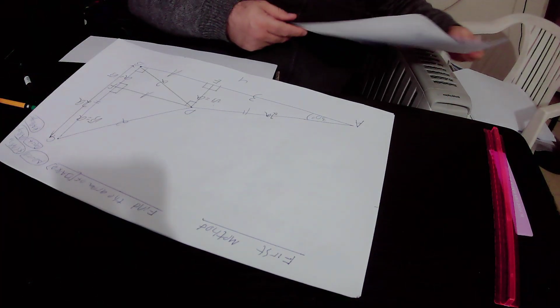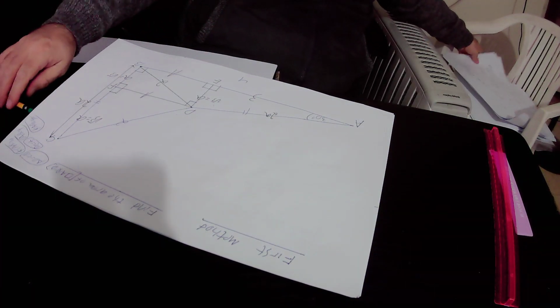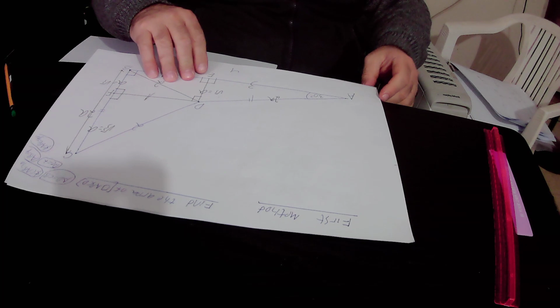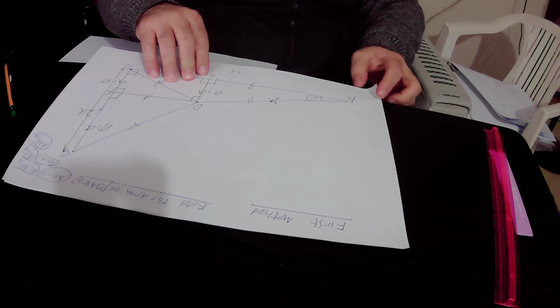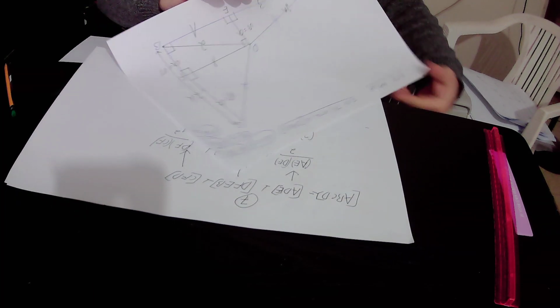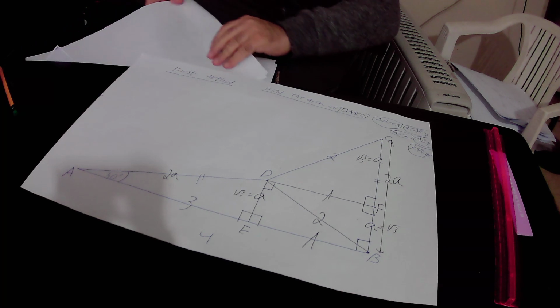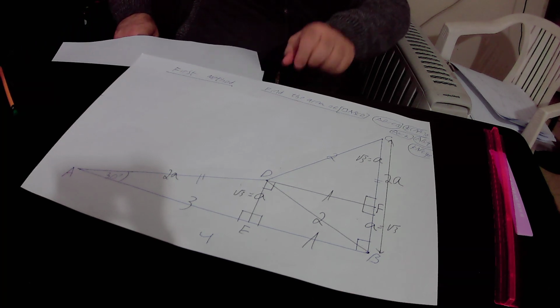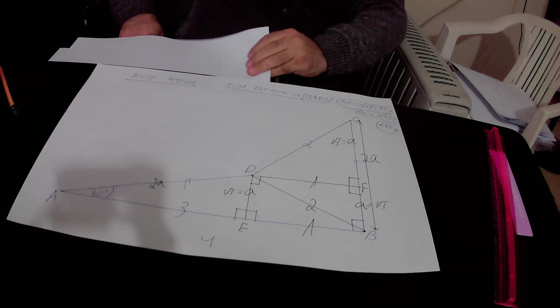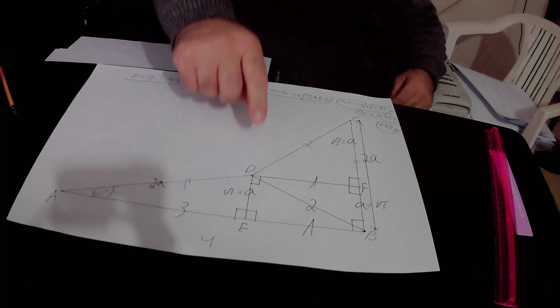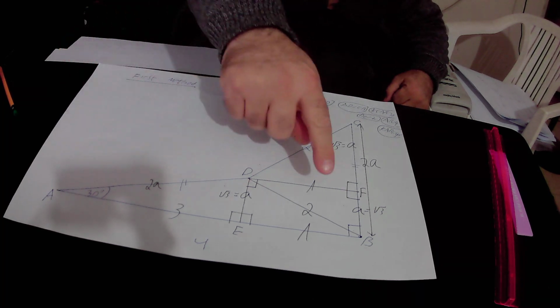In the first method, we made a construction from point D. We drew a perpendicular to AB.